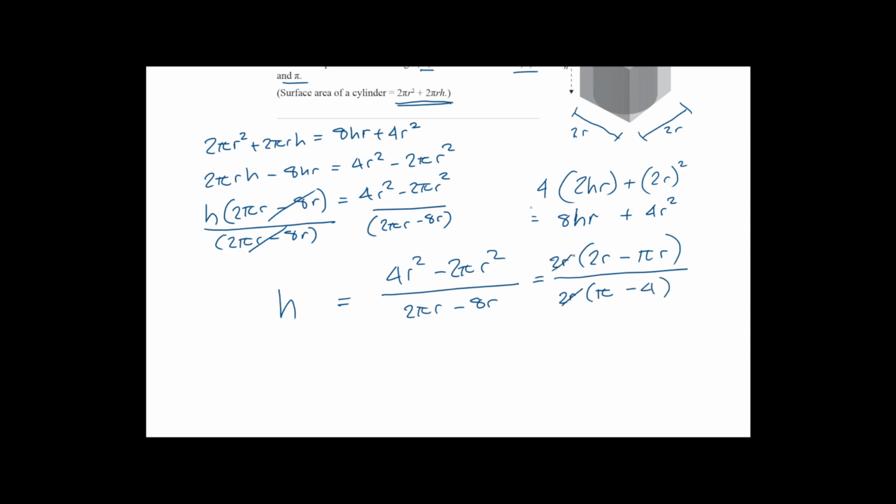Those 2 r's are going to cancel. Can it simplify any more? Yeah, it can actually. If we factor out the r, then we're left with 2 minus pi.